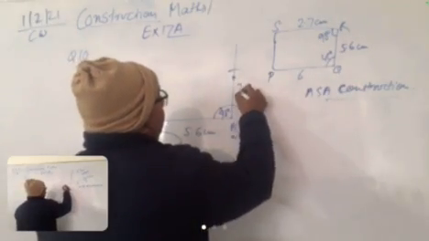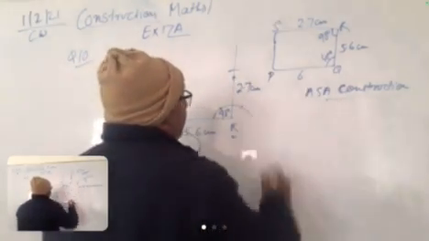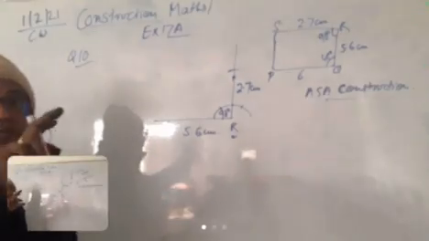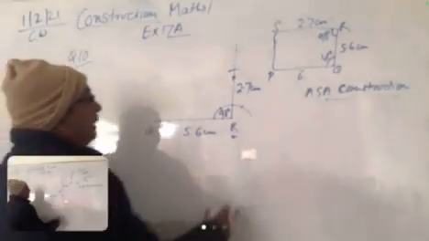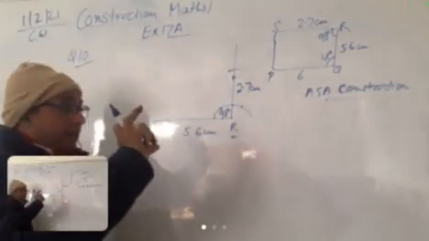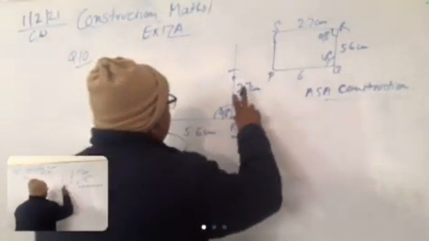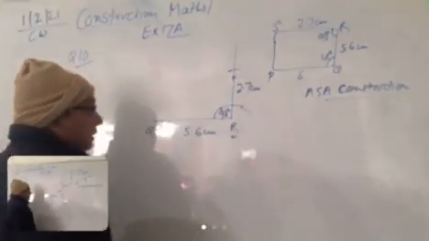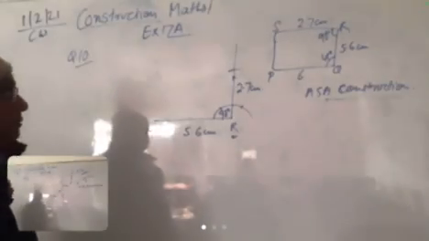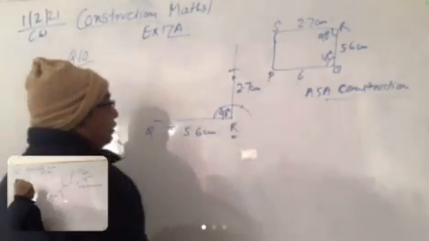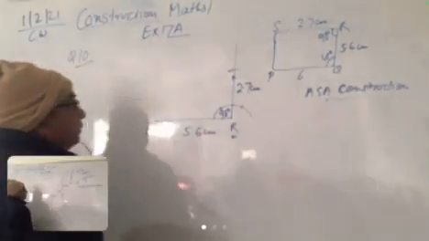Suppose इसे हमने यहाँ पर काटा, this is 2.7 centimeter. You can use scale properly. First, take a radius of 2.7 centimeter, put the compass at R and cut the 90 degree line. This is 2.7.